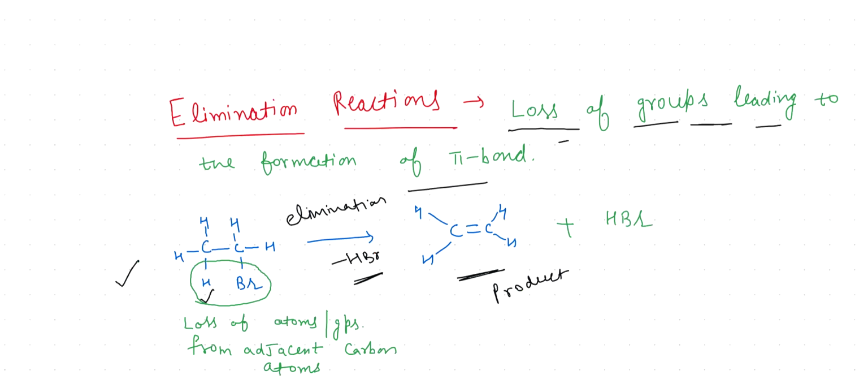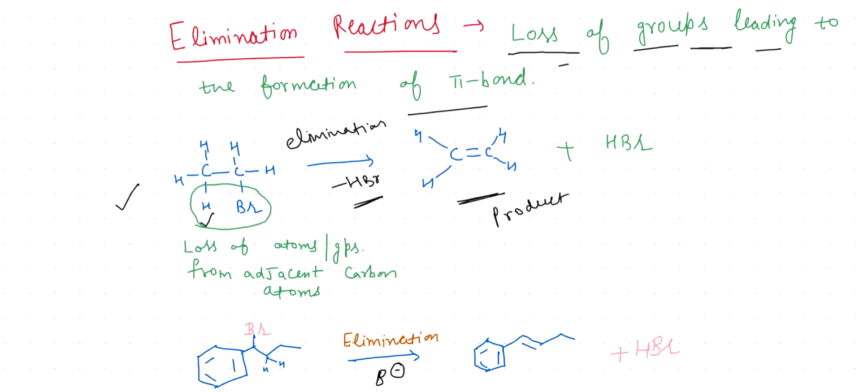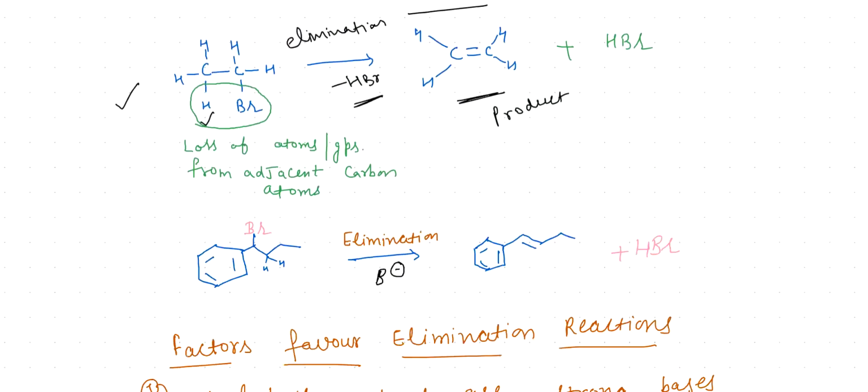But in substitution, one group is replaced with another group. In elimination, there is nothing added, nothing replaced. The groups are removed. So this is named an elimination reaction. In an elimination reaction, there is also a requirement: there should be the presence of a base.